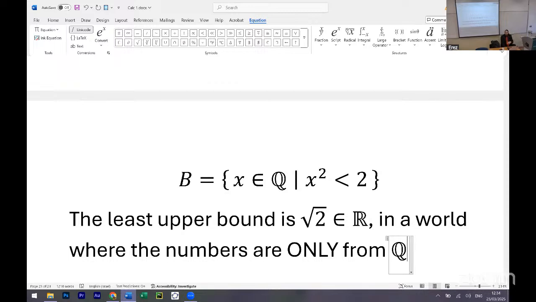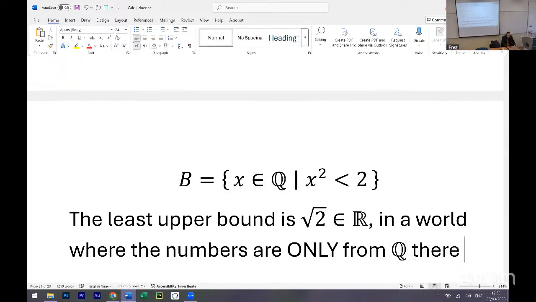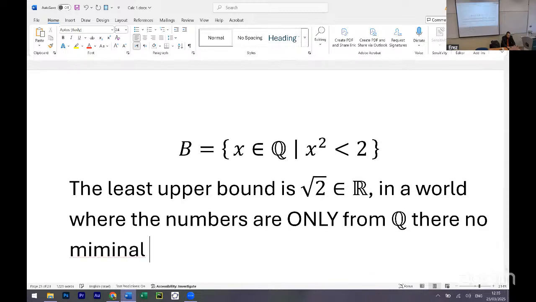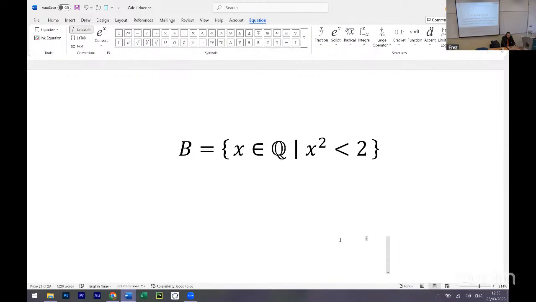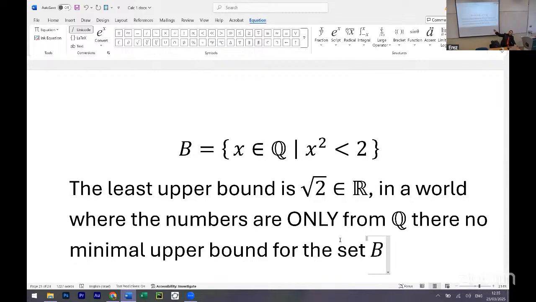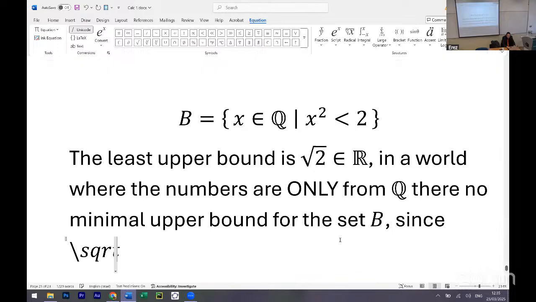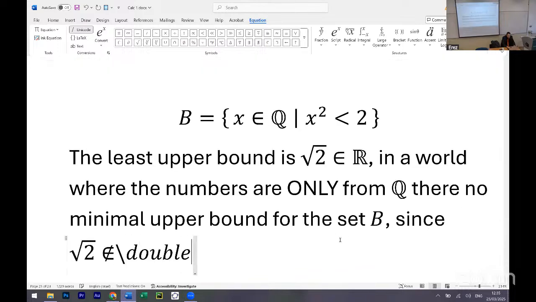So if no one has invented the real numbers and there were only the rational numbers, there is no minimal upper bound for the set B. Because there's always another rational number which is a bit closer to the square root of 2, since the square root of 2 is not a rational number.